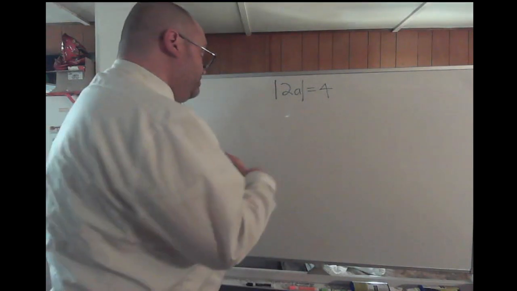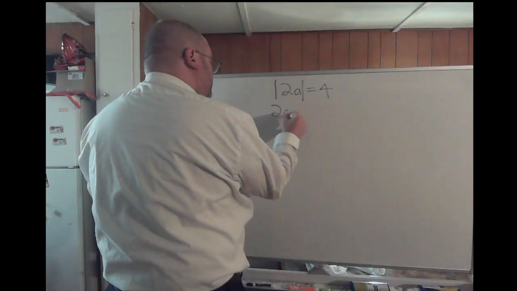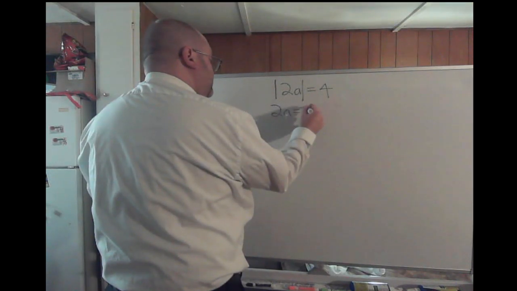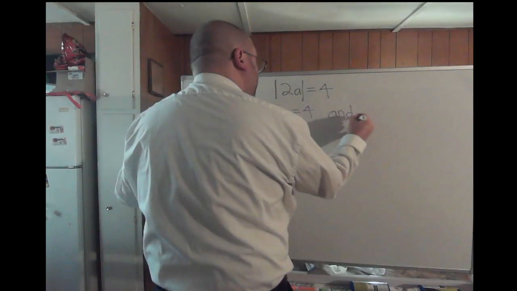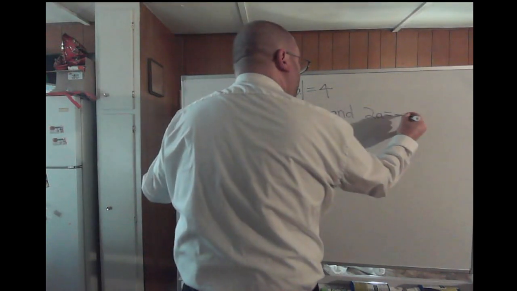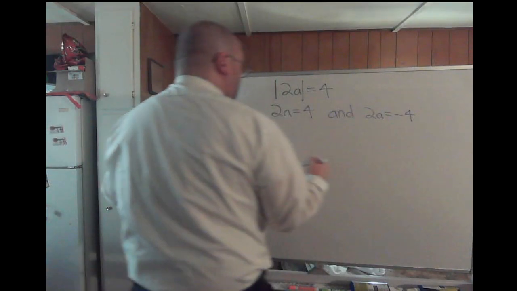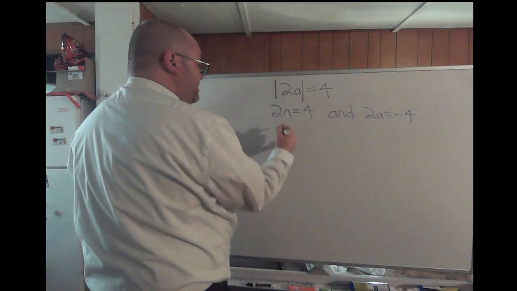Well, what you're going to do is take that 2a inside the absolute value and set that equal to that positive 4, and then you'll have 2a is equal to negative 4. So in the left equation, we have 2a equals 4. We just need a. You have to divide by 2.